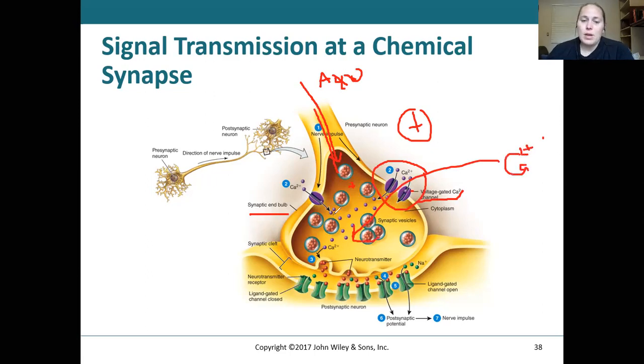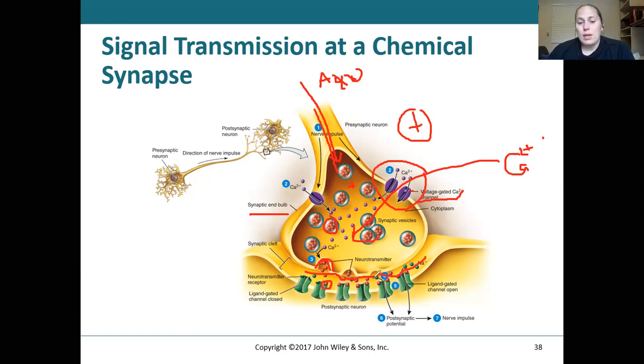Once that happens, you have these synaptic vesicles, which are basically little pockets of neurotransmitter, fusing or merging onto the end of the cell and releasing the neurotransmitters into the synapse. They travel across the synapse and bind to the postsynaptic receptor, the receptor on the cell that's receiving the message.